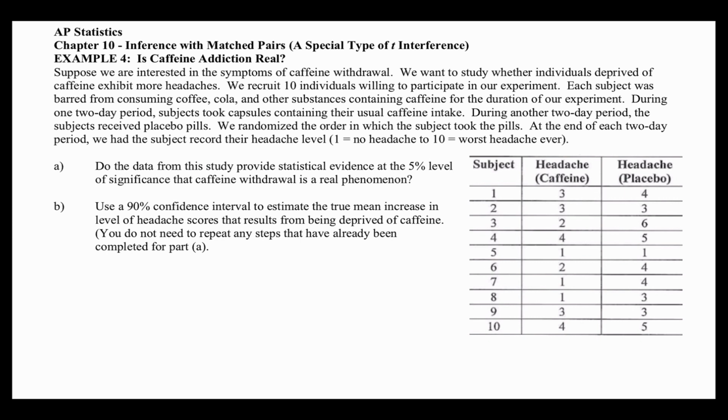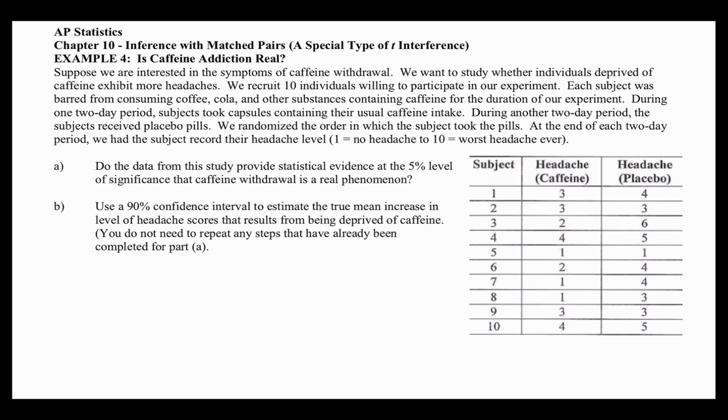During the 1-2 day period, subjects took capsules containing their usual caffeine intake. During another 2-day period, the subjects received placebo pills. We randomized the order in which the subject took the pills. At the end of each 2-day period, we had the subject record their headache level. 1 meant no headache at all, 10 meant the worst headache ever.